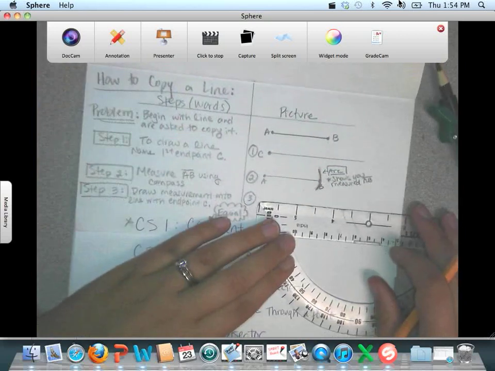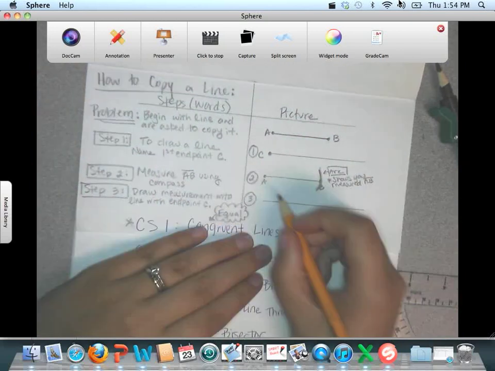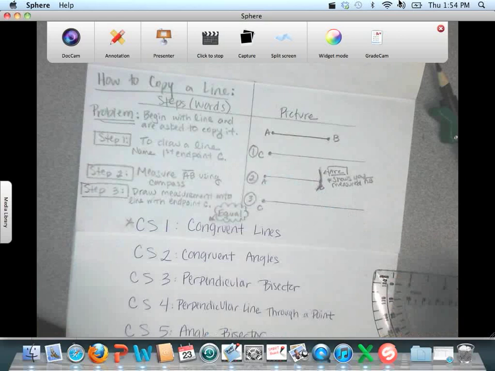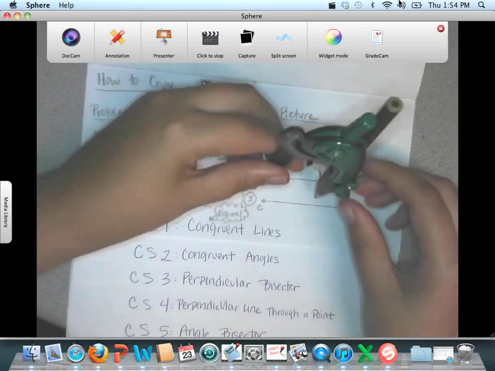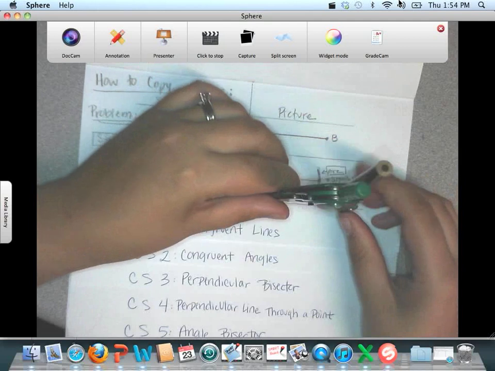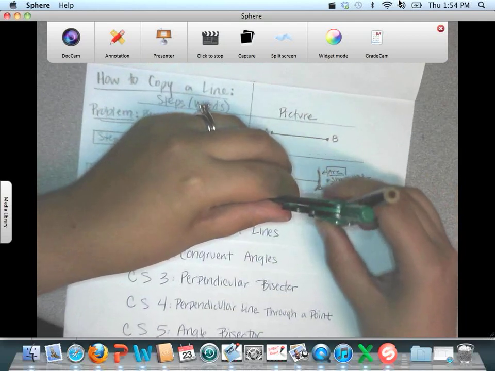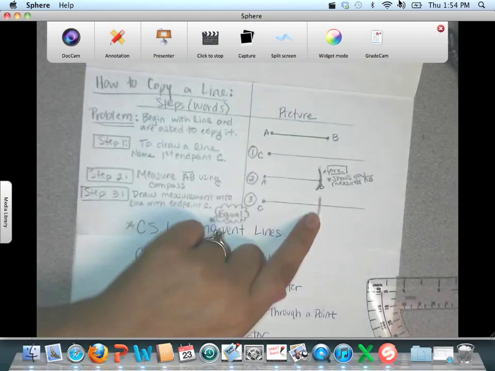This line you already have drawn, but remember it had C at the end, and you take that measurement from AB, and you move it so that it's on C, and you draw another little arc.